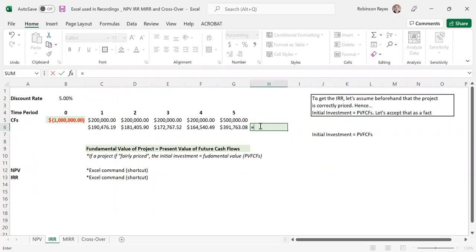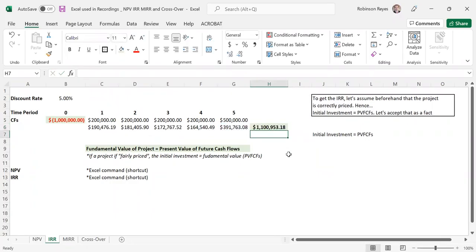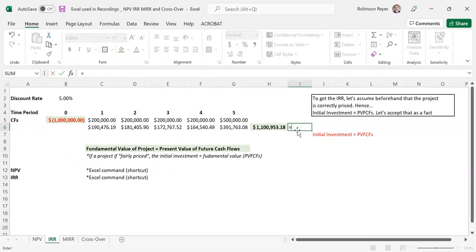And now the present value of future cash flows is the sum of all this. And there is a problem. This is not holding. The present value of future cash flows is higher than the initial investment. So these two things do not match. Let's give it a try with Excel. Okay, so what is the present value of future cash flows?